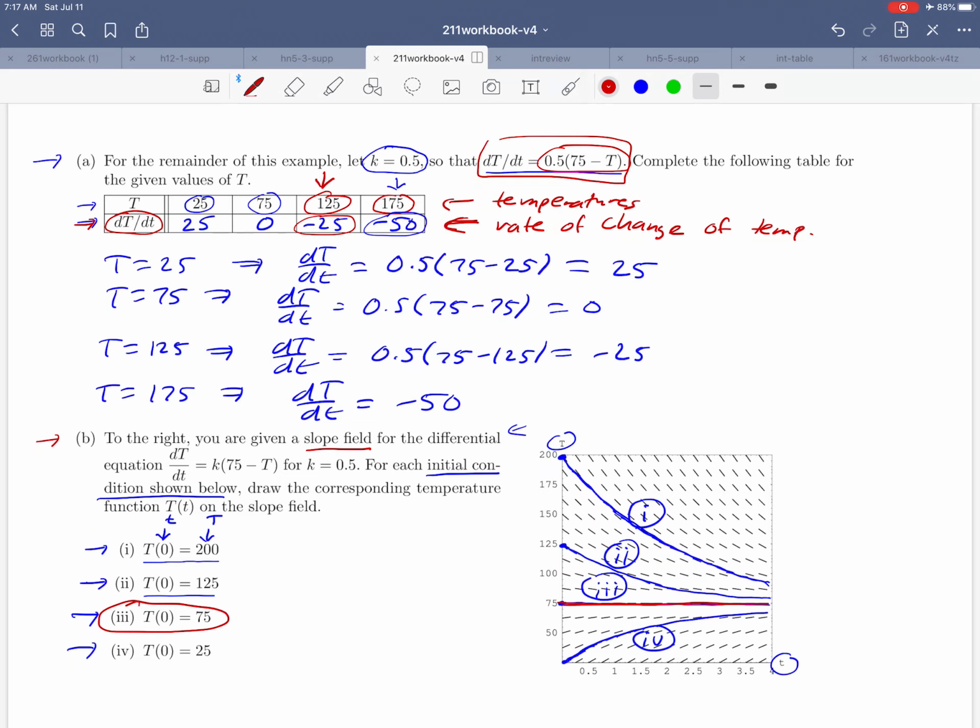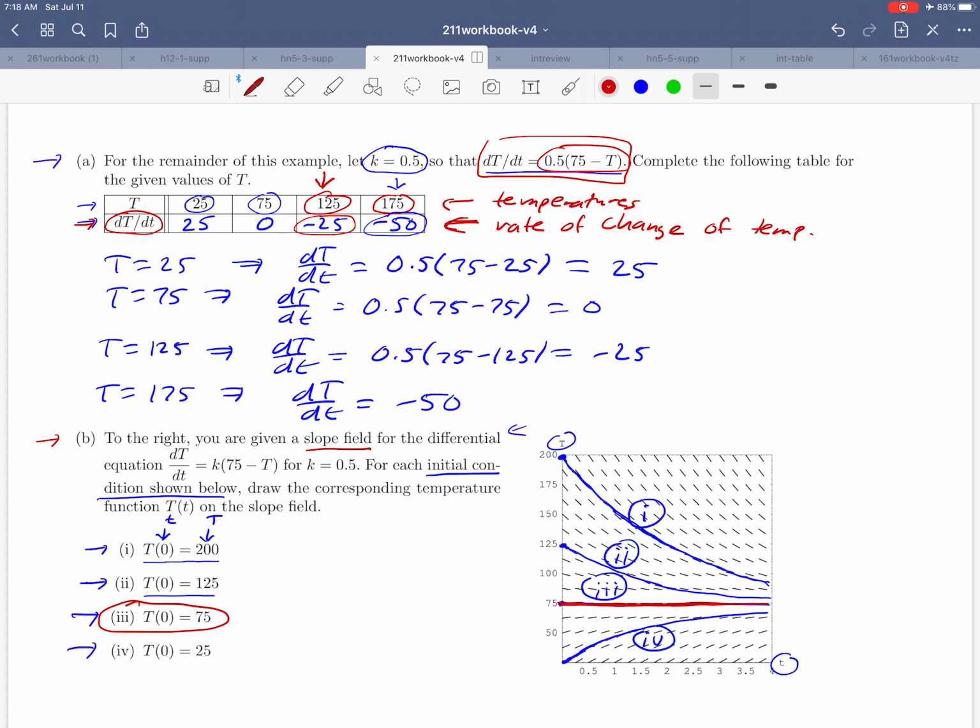So ask yourself, if you took an object and you started at a temperature of 75 degrees, would it cool off? It would stay at the same temperature because the temperature matches room temperature. There's no reason for it to change. So it makes sense that we should get a temperature curve that just stays constant at 75 the whole way.